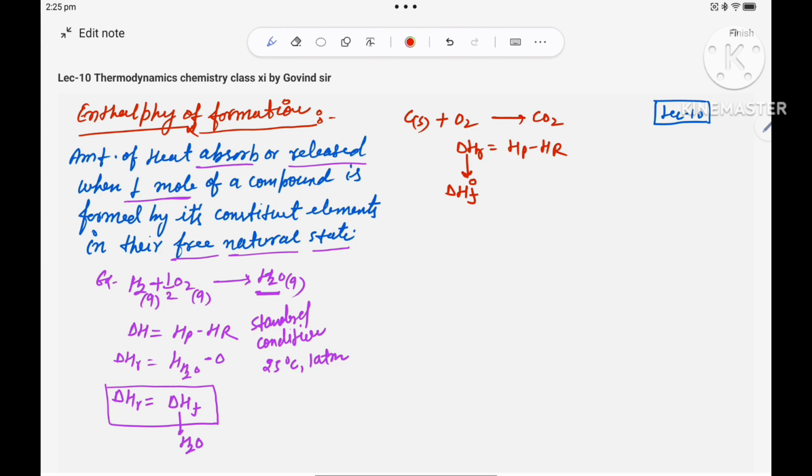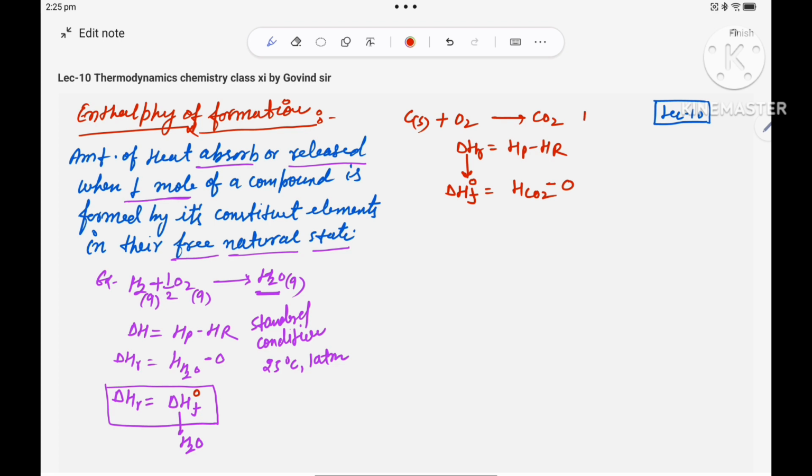The product is CO2, so enthalpy of CO2, and the reactant in naturally occurring state is 0.